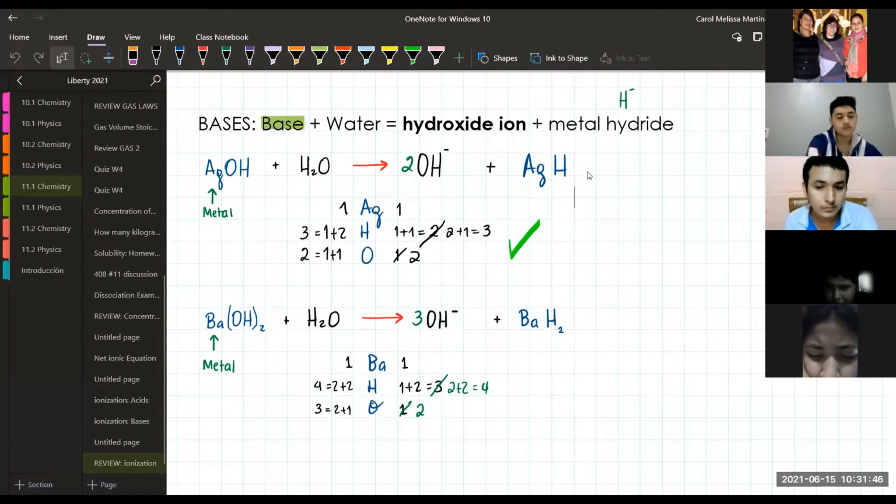Right now, putting the 3 is gonna change it. Now I have 3 plus 2 equals 5 hydrogens. And oxygen, I have 3. So my oxygen is balanced, but my hydrogen is not.